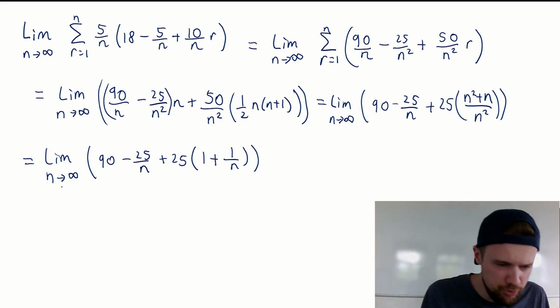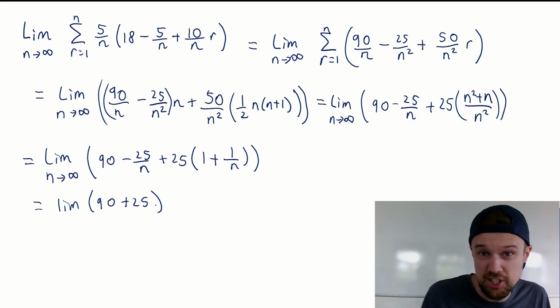Now, as it happens, if you were to multiply out the brackets, you'd realize we've got minus 25 over n, and we've got a positive 25 over n, meaning you could skip the step and just choose instead to work out the limit.